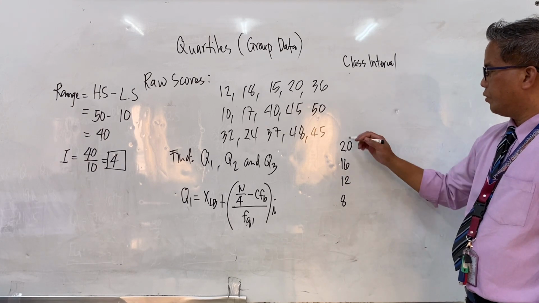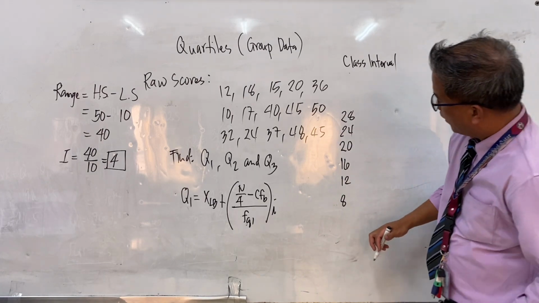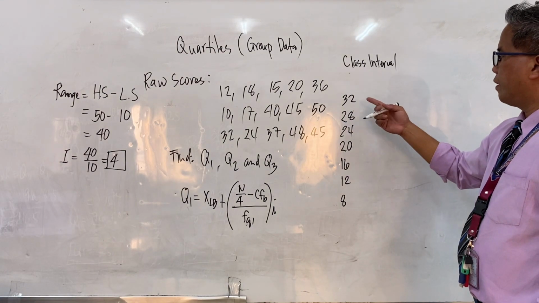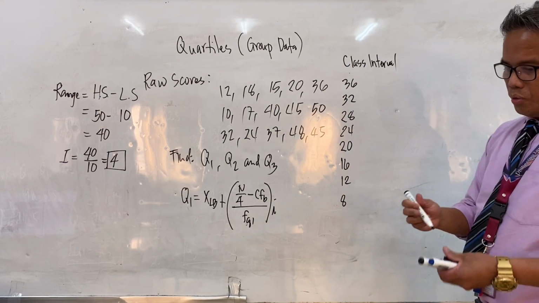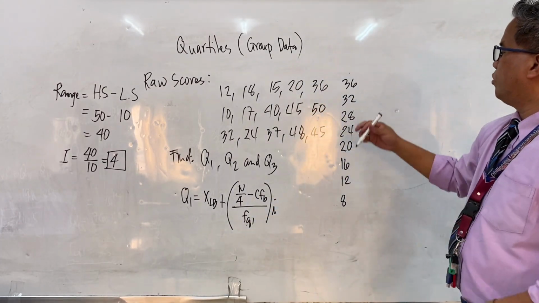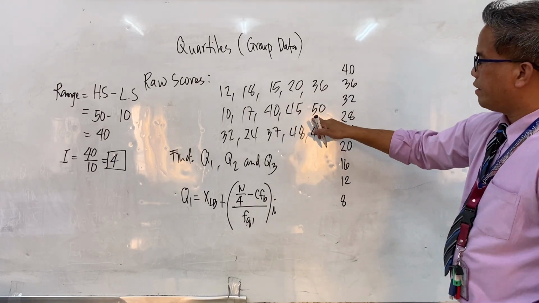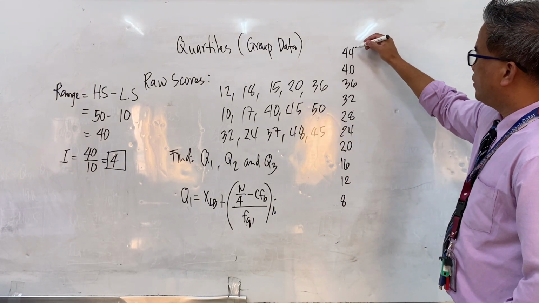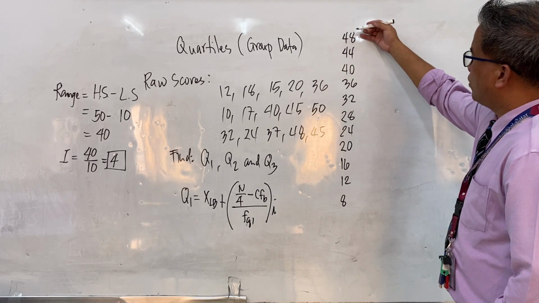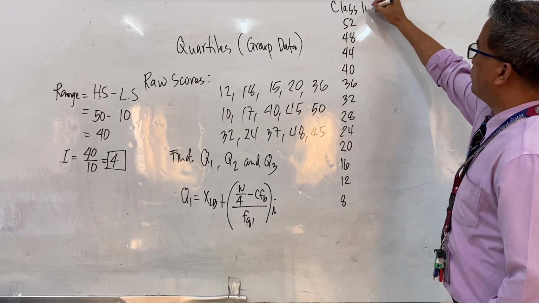Plus 4 is 24. Plus 4 is 28. Plus 4 is 32. Plus 4 is 36. Plus 4 is 40. Until 50, right? So plus 4, 44. Plus 4, 48. Then plus 4, 52. So this is now the class interval.